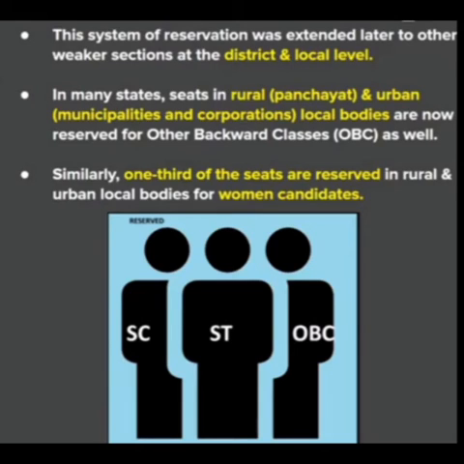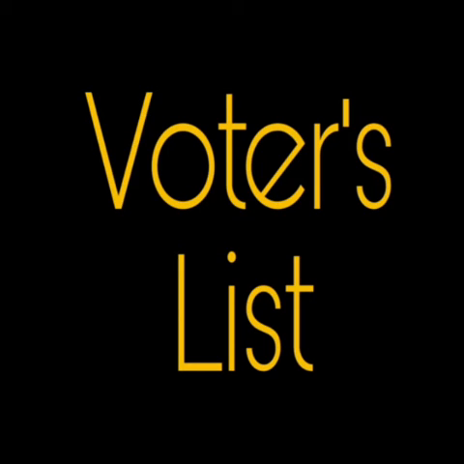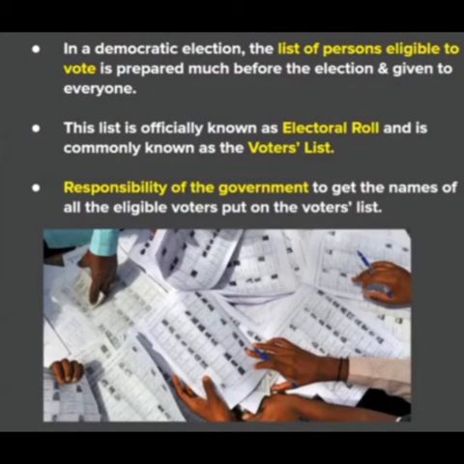Next, we have the voters list. Once the constituencies are decided, the next step is to decide who can and who cannot vote. In a democratic election, the list of those who are eligible to vote is prepared much before the elections.